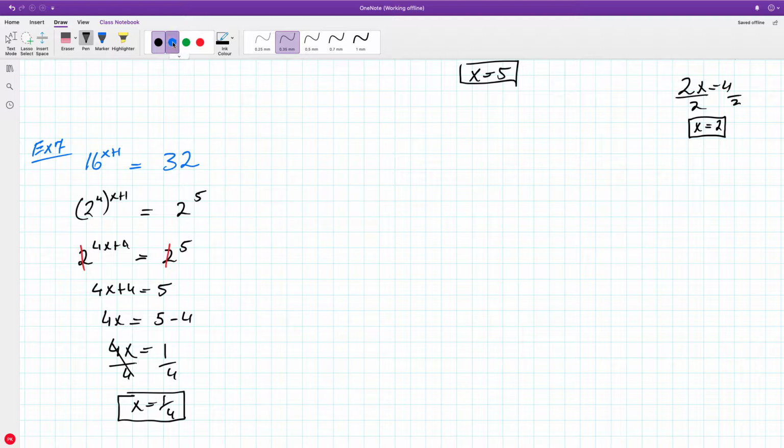Right. Let's have a go at this one, so then. 3 to the power of x minus 1 is equal to 1 over 81.